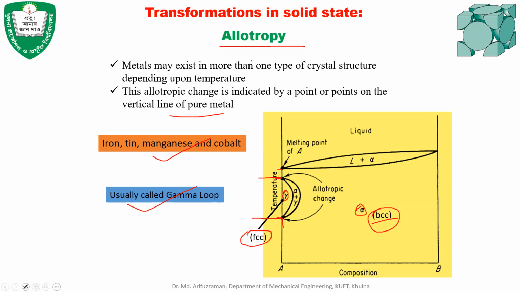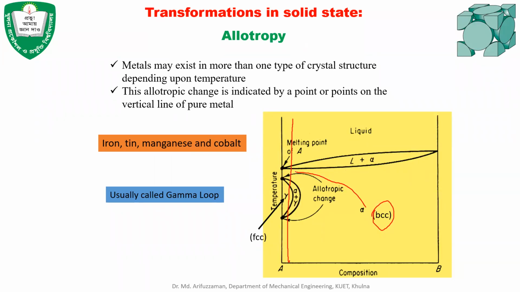But before going to that, I would like to clarify one more thing. That is when there is an alloy in here, in that case, what will happen? The solid that is formed in here will have a BCC structure, 100% BCC structure in this region. And when it comes to this point, then some of the solid will start to convert into gamma.